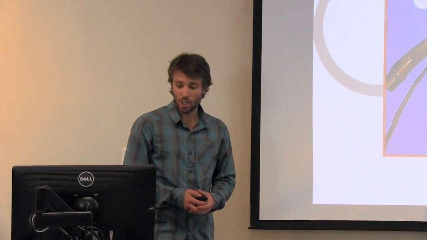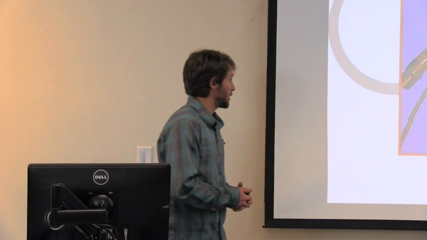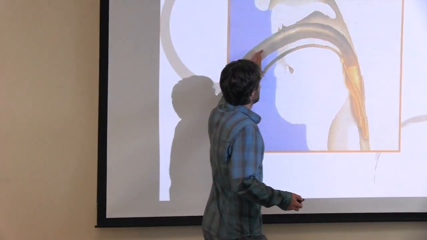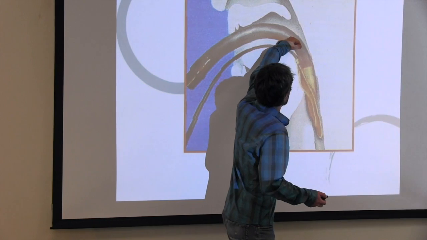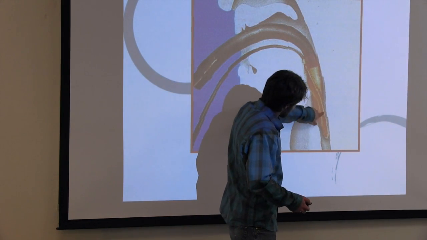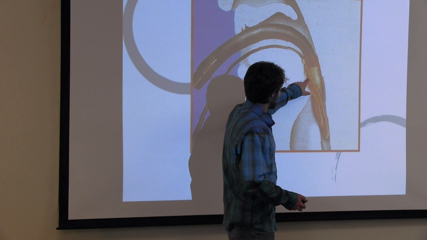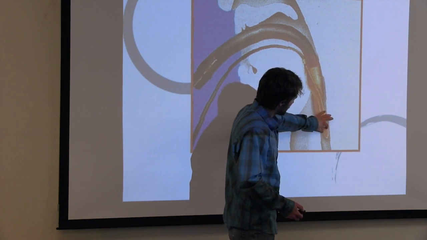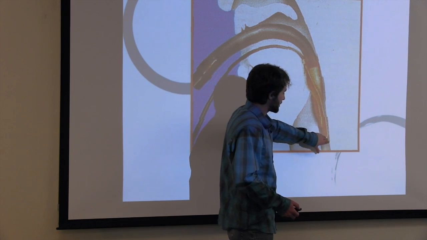Here's a nice little diagram of an LMA properly placed. As we can see, the tube comes in through the oropharynx, back down into the larynx. The mask here sits just on top of the larynx, and the very, very tip of it sits nicely into the esophagus.